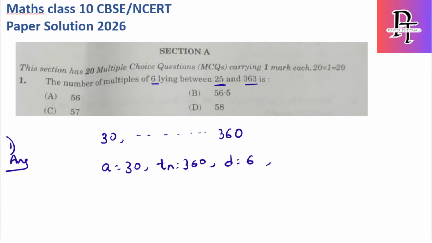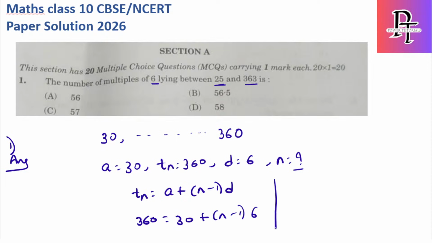And what they are asking in this question is the n value. So simply use the Tn formula. Tn or An is equal to A plus n minus 1 into D. So what is the Tn they have provided? It is 360, is equal to A value 30, plus n minus 1, where the n value we need to find, and D value is 6.